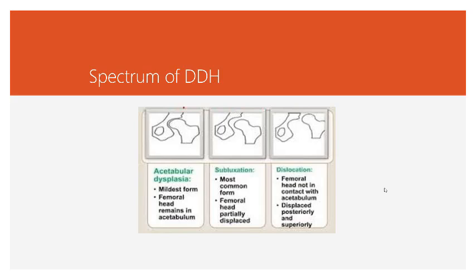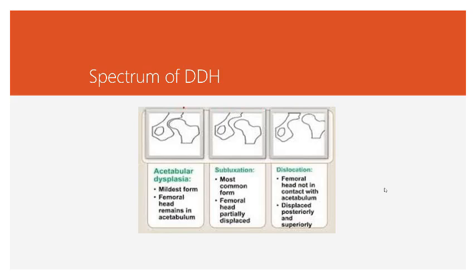Its one form is congenitally present, that is called congenital hip dislocation or teratological hip dislocation. DDH evolves with the passage of time. Sometimes at birth, the hip joint is normal, but later on there is DDH.